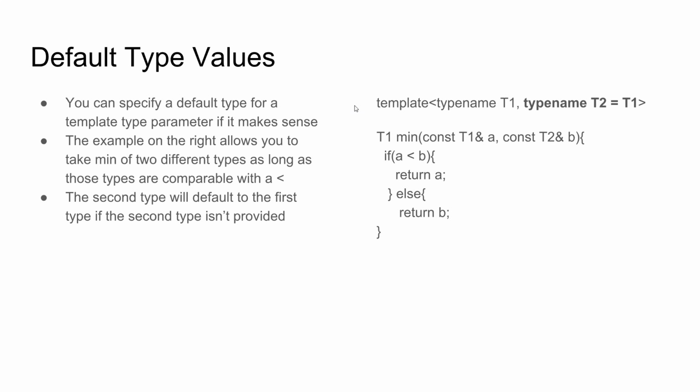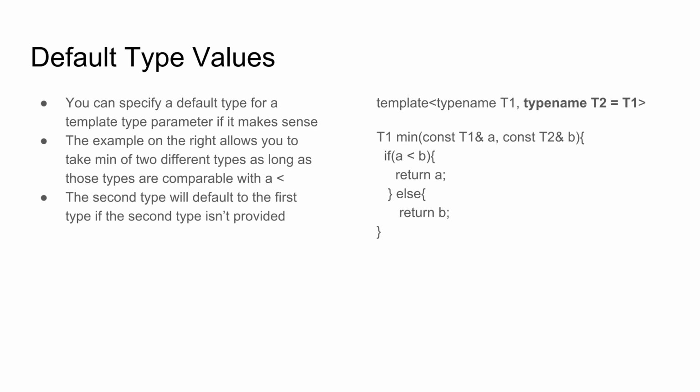And so over here, what I'm writing is a min function that can take two different types, right? A T1 and a T2. But if the user doesn't provide a T2, it will default to being the T1. And so now we could have it where we take the min of two different types, assuming that those two different types were comparable, right?